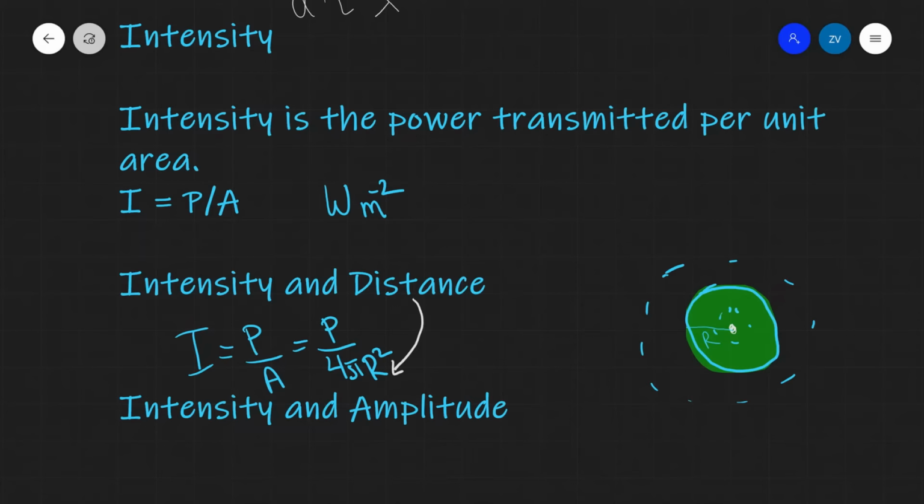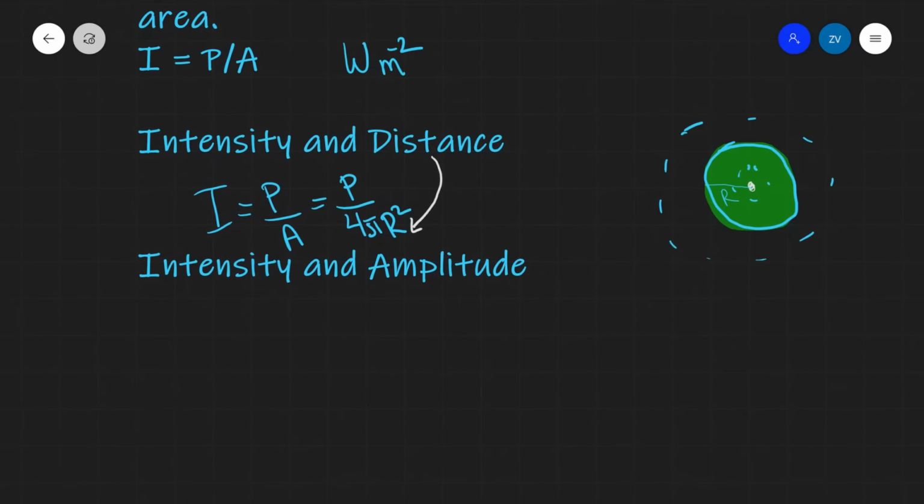How does intensity depend on amplitude? This is really, really important: intensity is proportional to the amplitude squared. Let me just write this as intensity is proportional to the amplitude squared.